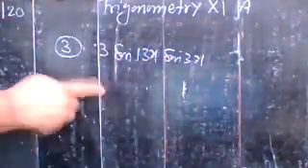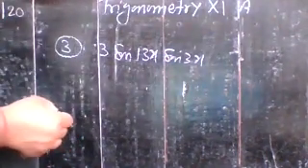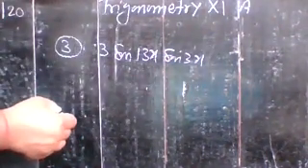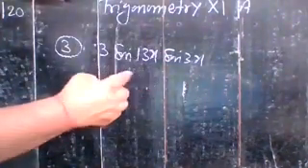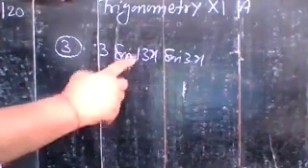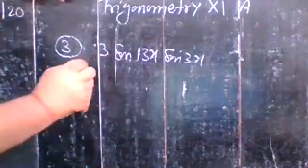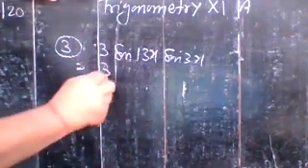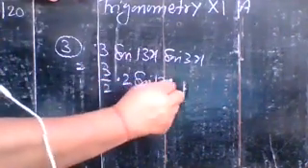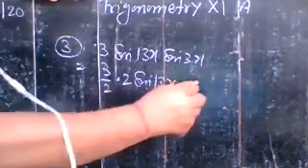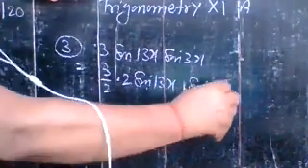You have to express this in the form of a sum and difference. But what is your identity? Your identity is 2 sine x sine y. So again, you divide by 2 and multiply by 2. So that is 2 sine 13x sine 3x.